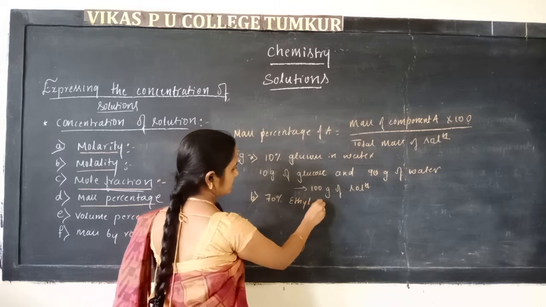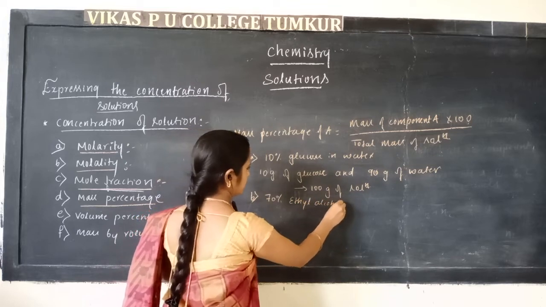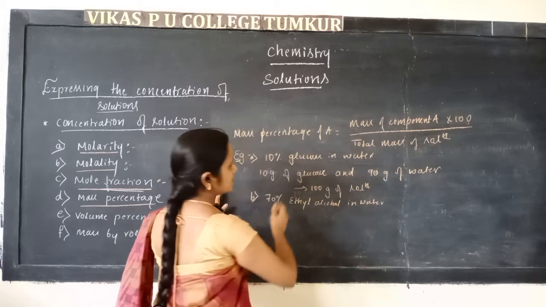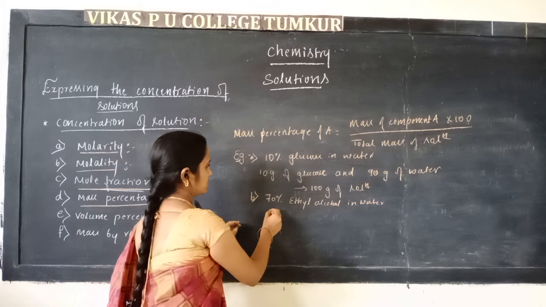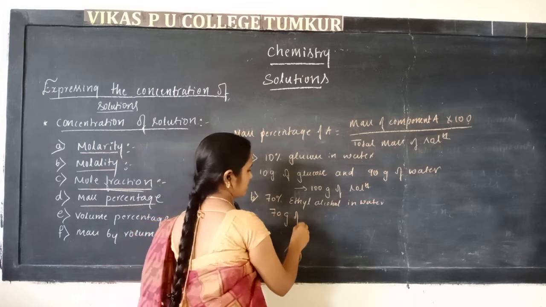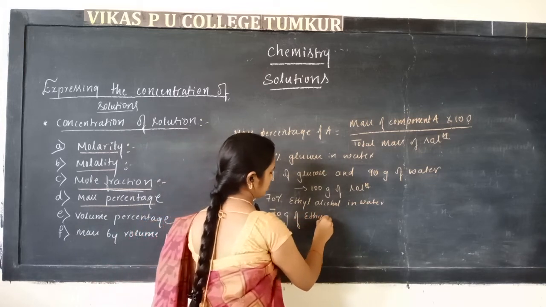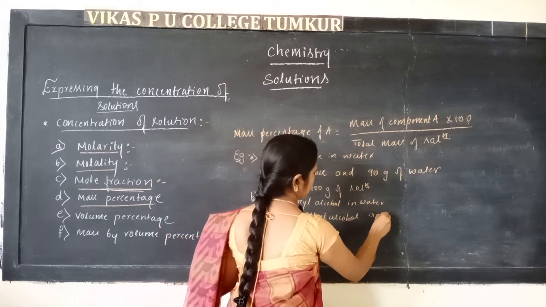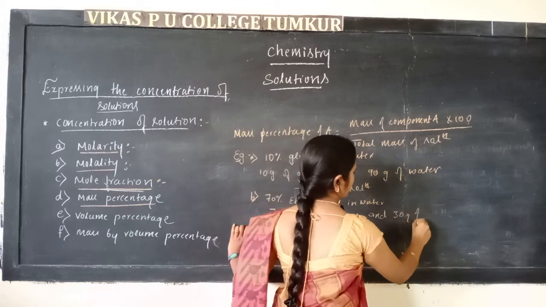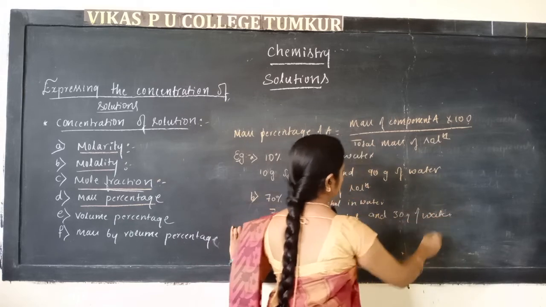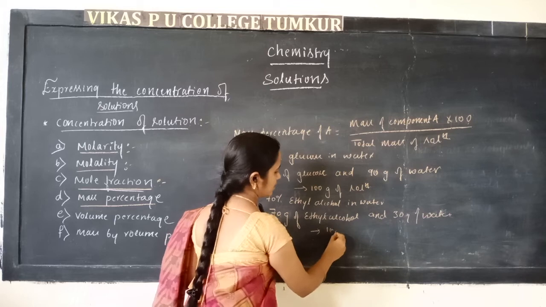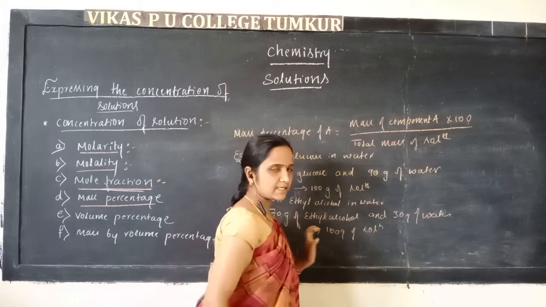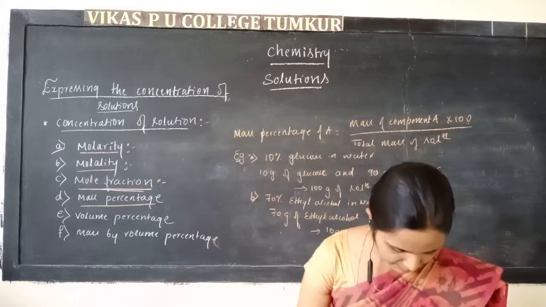It means 70 gram of ethyl alcohol and 30 gram of water. That's the reason it is 100 gram of solution. In 100 gram of solution, it has 70 gram of ethyl alcohol.